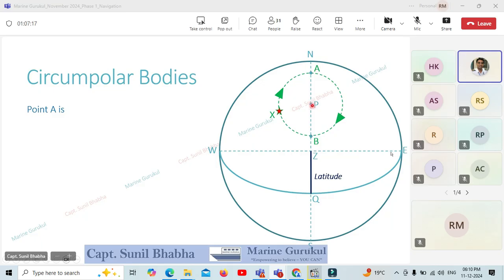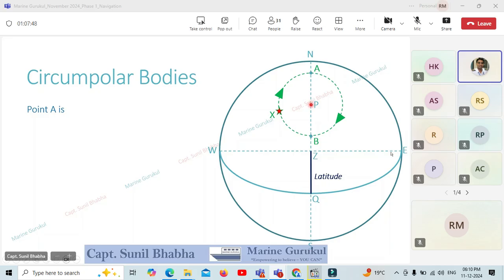One of them is the meridian passage on the observer meridian. If you look carefully in the diagram, P is the pole and P, Z, Q, S is the observer's meridian, and you can see that at point B the body crosses the meridian of the observer. Now at the second instant, that is at point A, it is crossing the inferior meridian of the observer, or the opposite meridian of the observer.